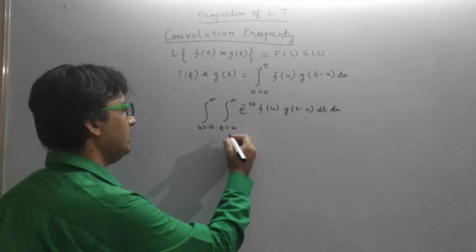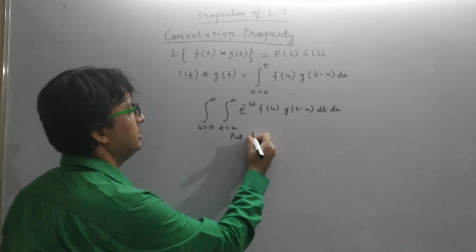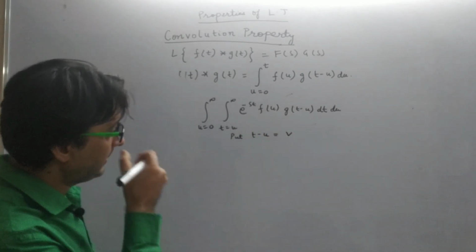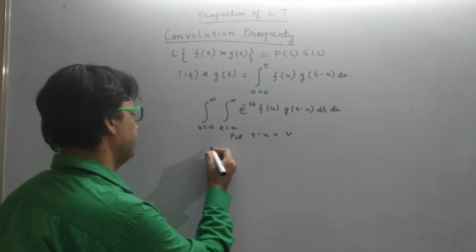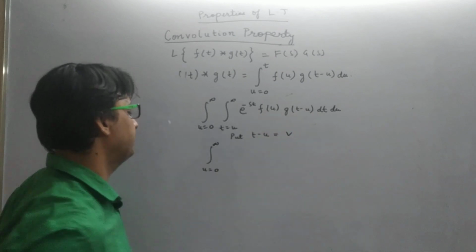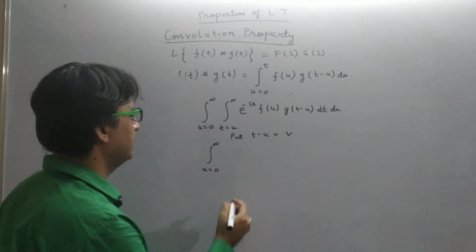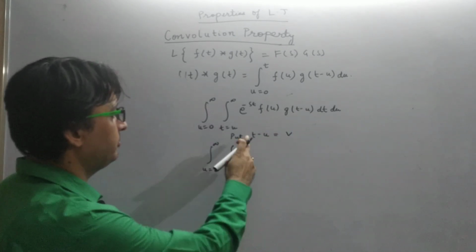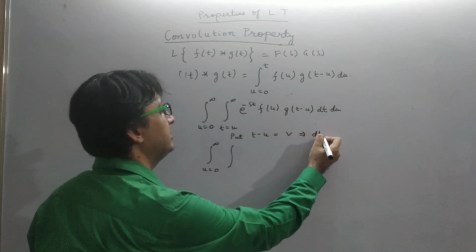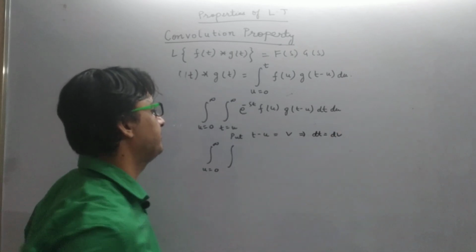So we are going to put t minus u as v. So we are talking in terms of t and v, and u remains a constant. So when we put t minus u equal to v, then dt is equal to dv.